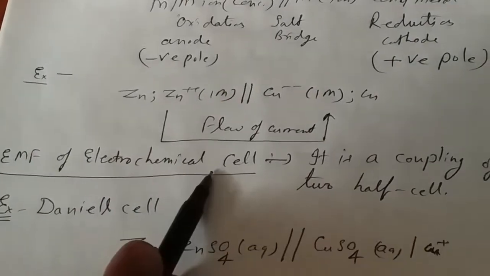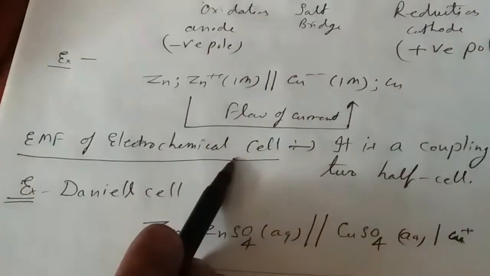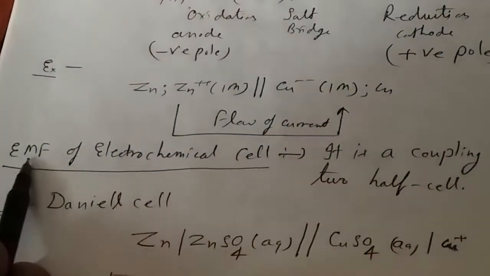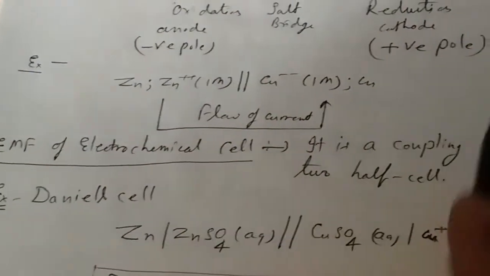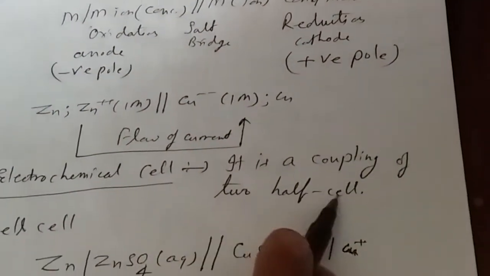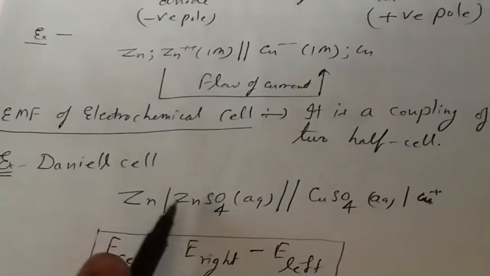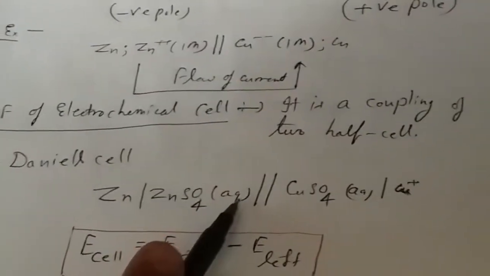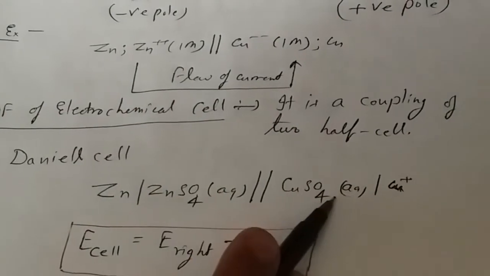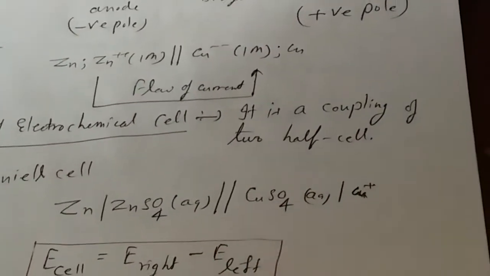So EMF of the cell, these are the connecting points. EMF of the electrochemical cell is a coupling of two half cells. For example, Daniell cell: zinc, zinc sulfate aqueous, double line, copper sulfate aqueous, copper.